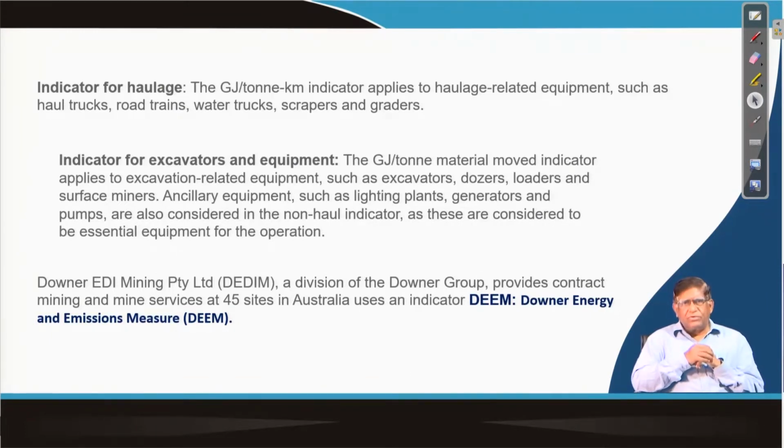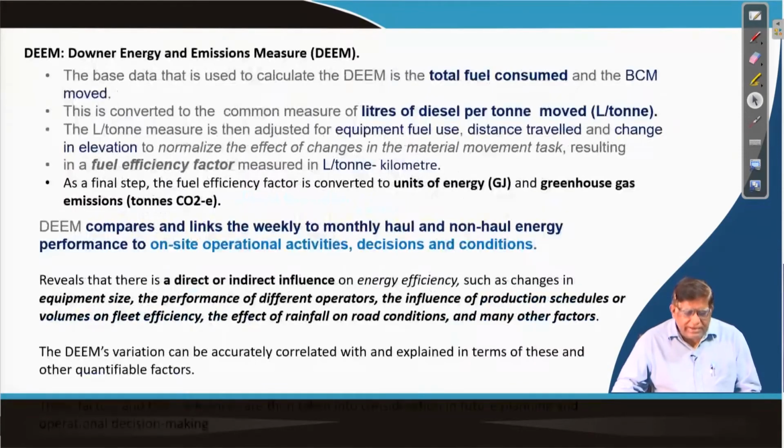They take care not only of how much fuel is being consumed, but also of the emissions, because whenever you use a diesel vehicle in the mines, the diesel engine exhaust has a number of toxic components and gives a lot of greenhouse gas emissions, which contribute to global warming. That is why the emission standards also need to be taken care of.